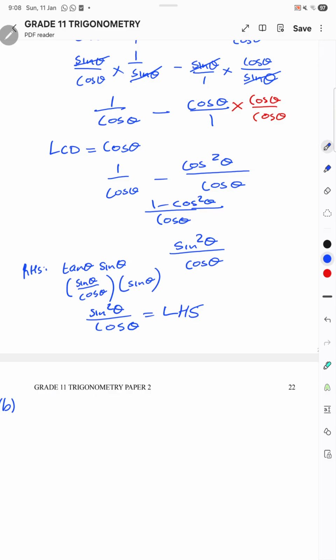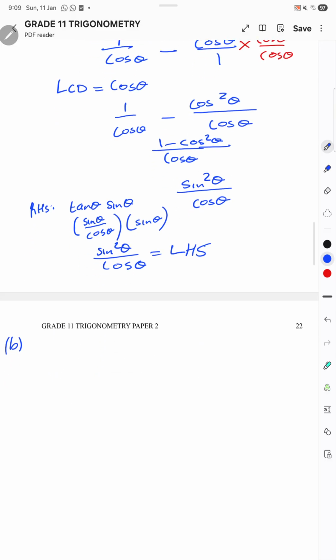Just erase. Let me look for the question. Okay, it's 1 plus the tan of A over 1 minus the tan of A equals the cos of A plus the sine of A over the cos of A minus the sine of A.